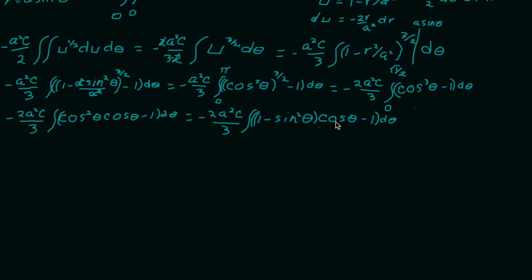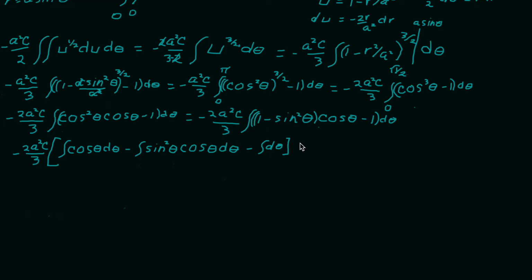Now we'll distribute this cosine θ across this term, giving the integral of cosine θ dθ minus the integral of sine squared θ cosine θ dθ minus the integral of dθ. I went ahead and broke this up into 3 different integrals because we're going to use a u substitution here, and that will be a different method than these other 2 integrals.